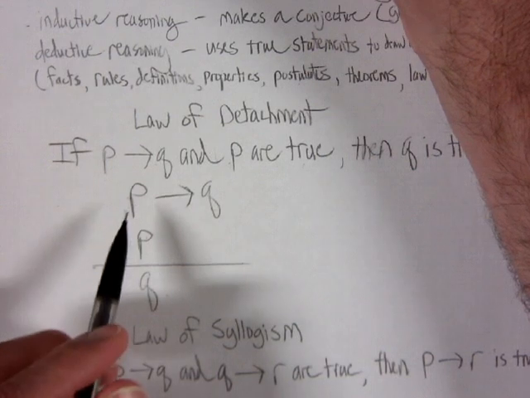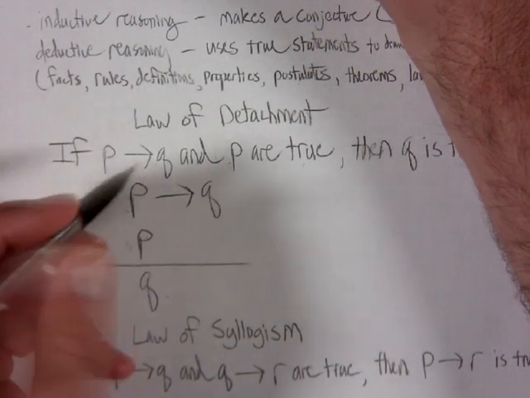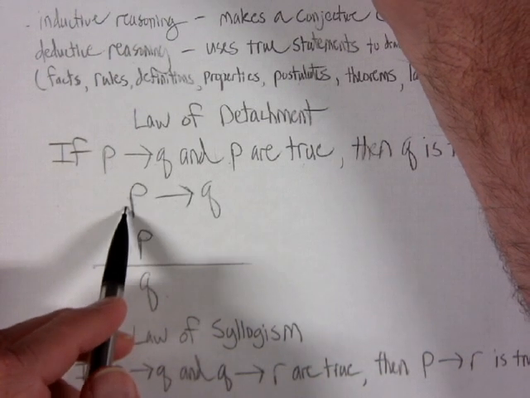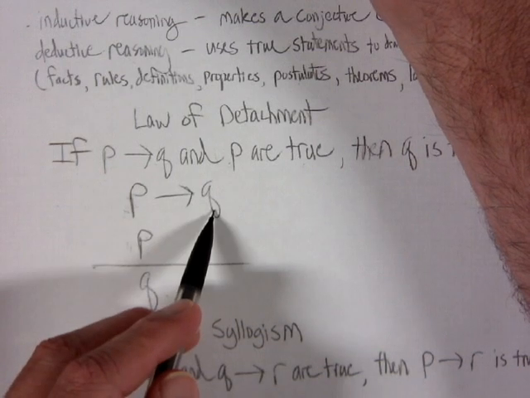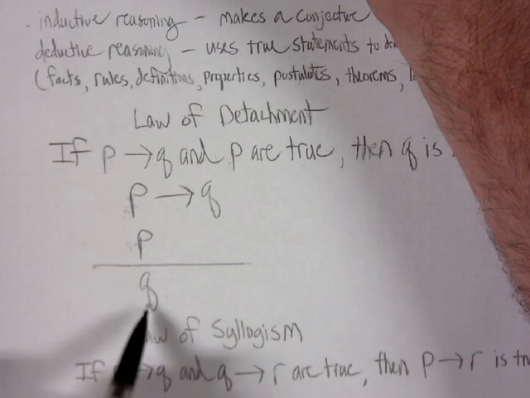Let's say that my conditional is, if you add 2 plus 2, then you get 4. And then the next statement is, I add 2 plus 2. Well, then the conclusion is, you get 4. So that's just a quick example.